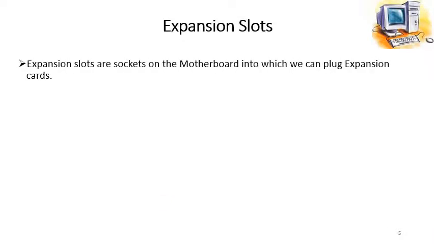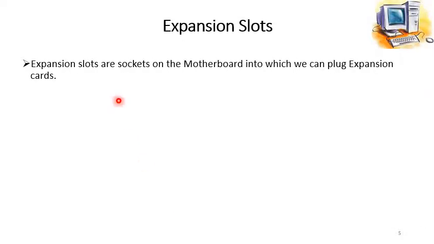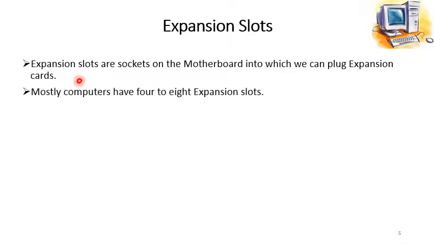Now, expansion slots. Expansion slots are sockets on the motherboard into which we can plug expansion cards. Without expansion slots, expansion cards are useless. Mostly computers have 4 to 8 expansion slots.